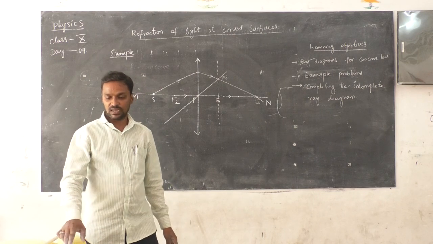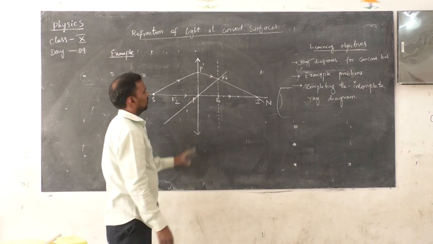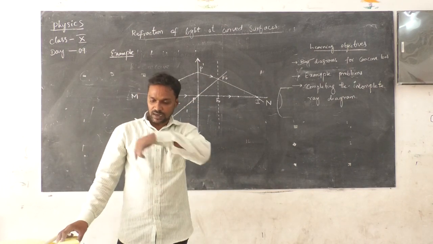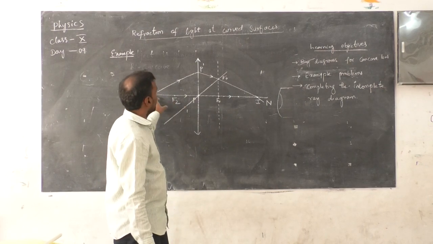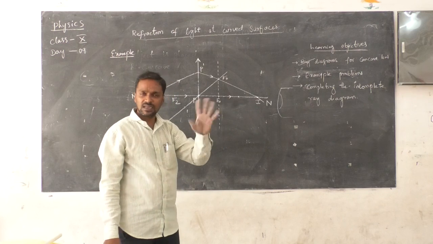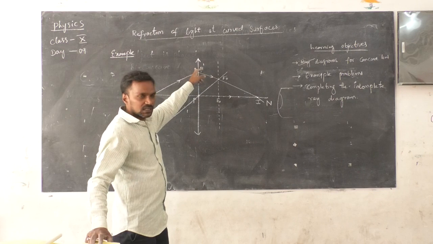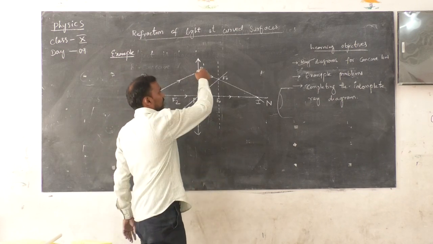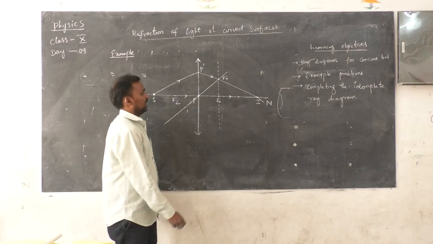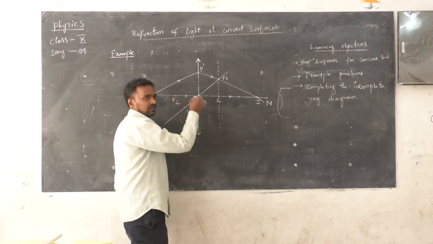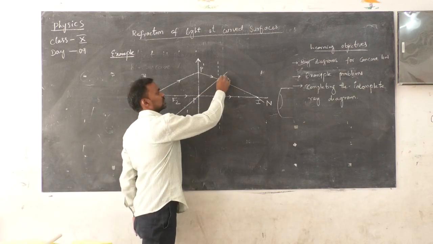From this diagram, think of this as P and this as P dash. These are all the terminologies. One source is here, and one ray travels along the principal axis, remaining undeviated. Another ray goes and hits the lens at P dash, is refracted, and meets the principal axis at I. Taking the focal plane, I draw a line passing through the optic center to the focal plane.